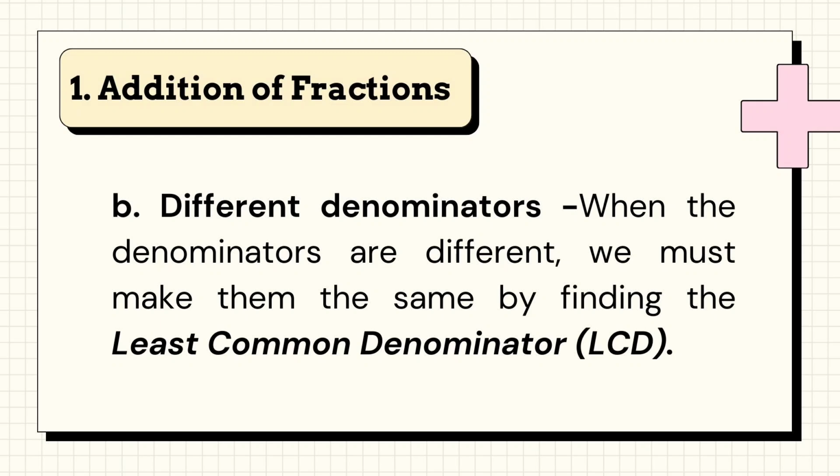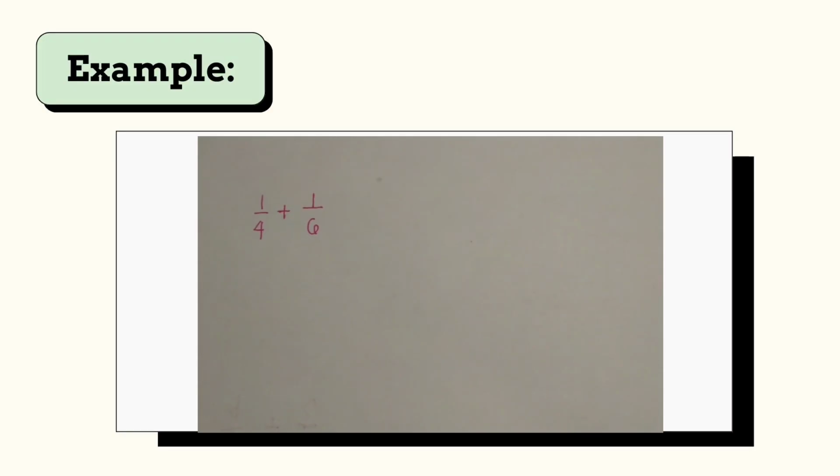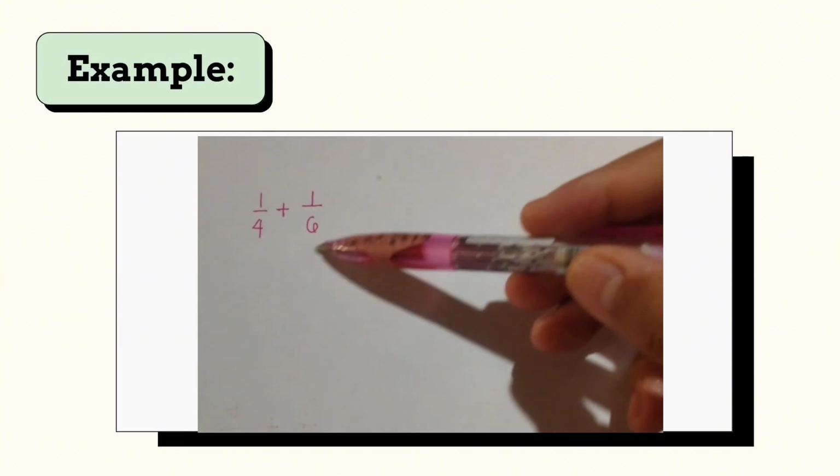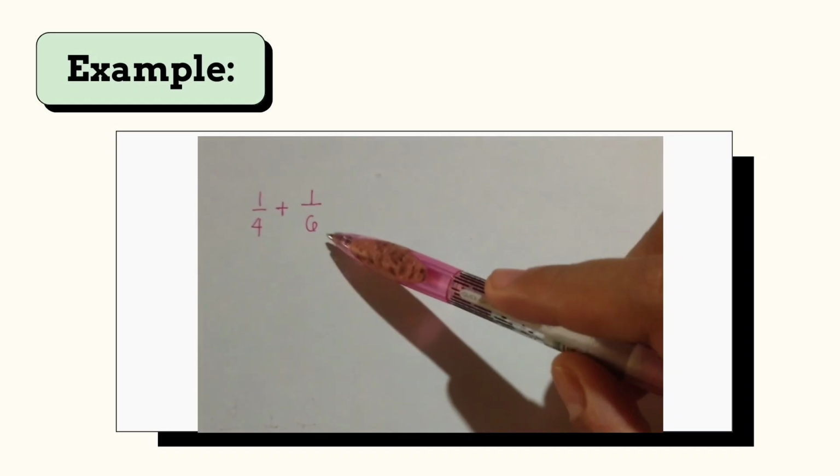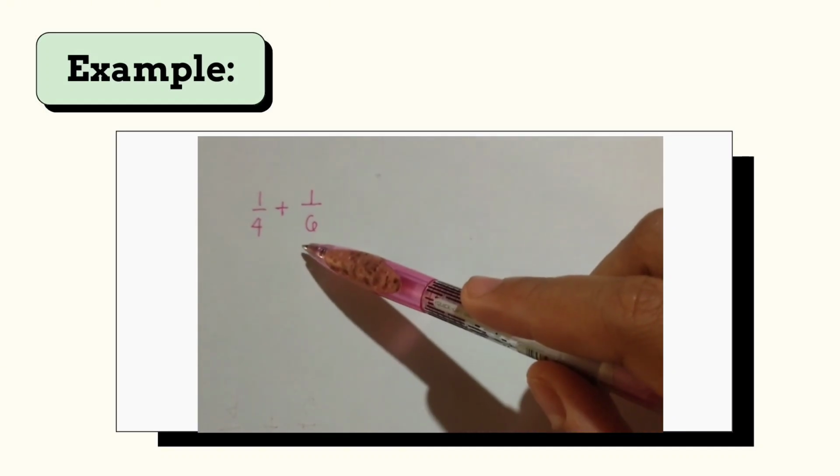Next case, we have different denominators. When the denominators are different, we must make them the same by finding the least common denominator, or the LCD. Here you can see in our example that we have 1 over 4 plus 1 over 6. As you can see, 4 and 6 are not the same, so their denominators are not the same.